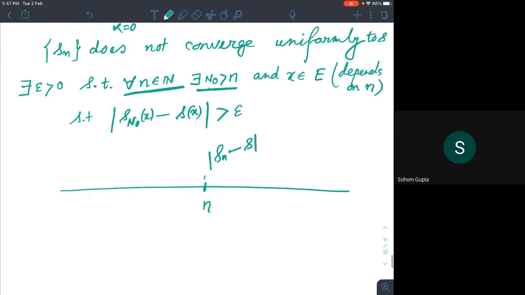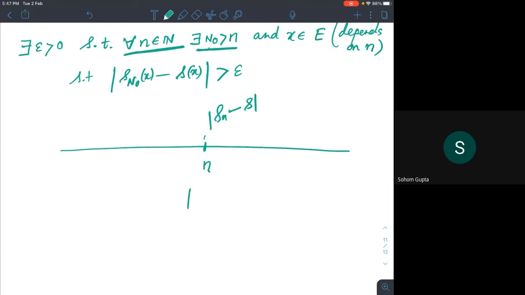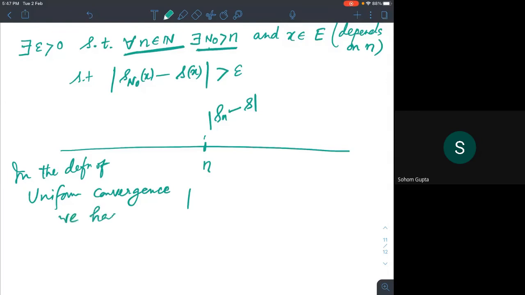So what did we have in the definition of uniform convergence?